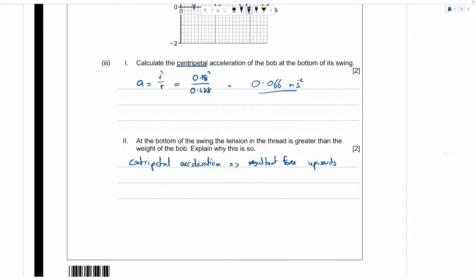So that resultant force must be equal to the tension acting upwards minus mg. Therefore, tension must be greater than mg, because we have to have a non-zero resultant force. Hopefully that makes sense.